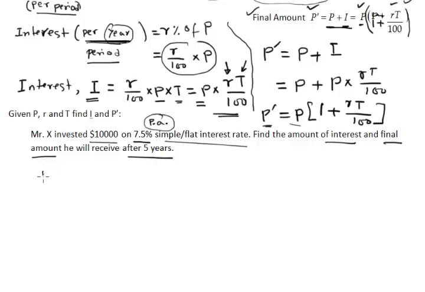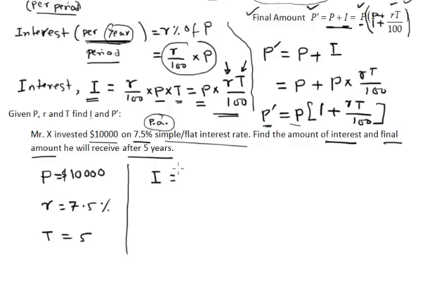So here the principal amount, that is the initial investment, is $10,000. Interest rate R is 7.5%. Time period T is 5 years. Simple. So we need to first calculate the interest. Interest I equals initial investment times interest rate times time period divided by 100.